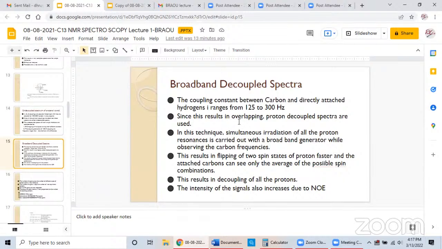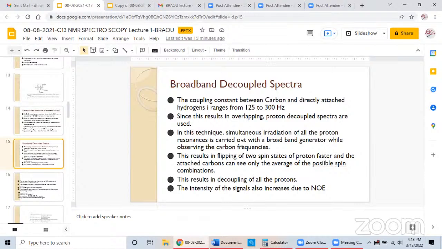In this technique, simultaneous irradiation of all the proton resonances is carried out. That is what I am referring to. Broadband means the proton resonance frequency. The band consists of radio frequencies of all the corresponding proton resonances.